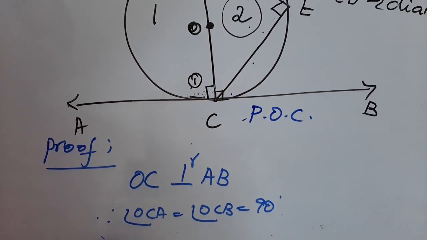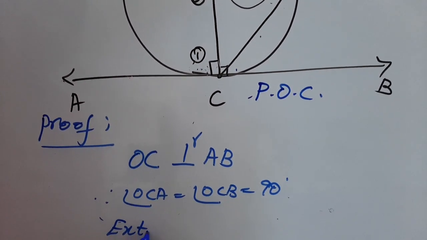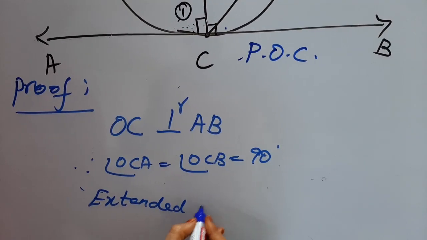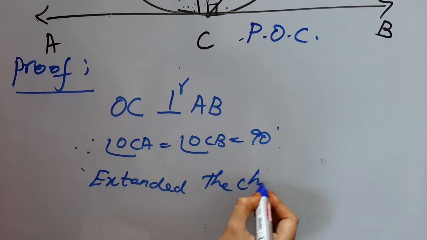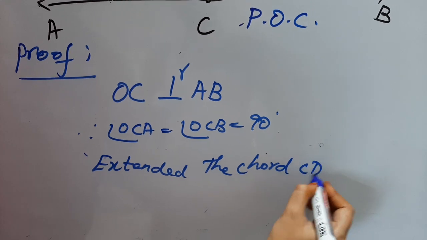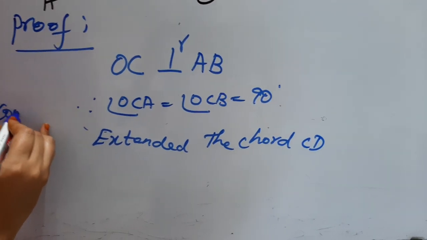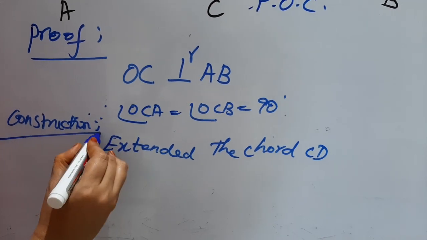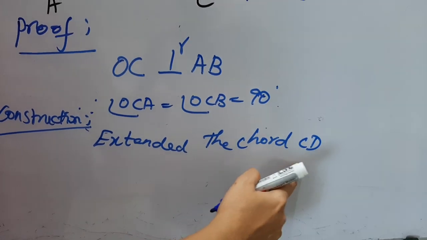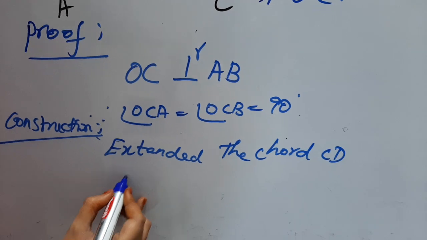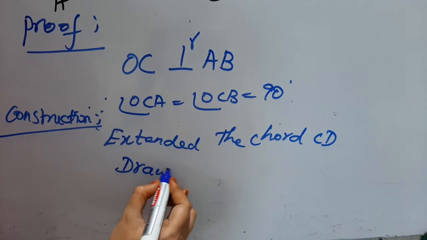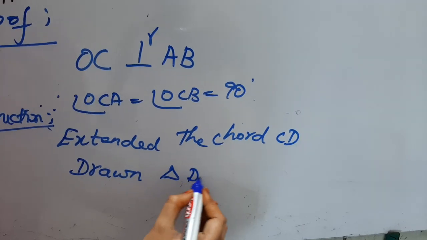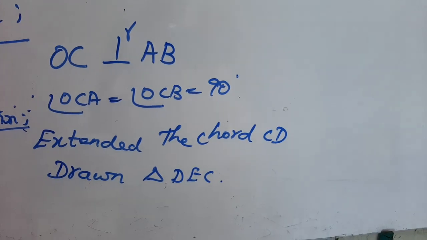Then what I did, I extended the chord CD. This is our construction. My first step as construction for this sum was to extend the chord CD. Then I have drawn a triangle DEC.